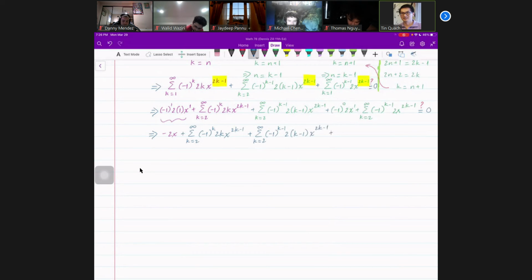Okay, and then this one right here is 2x. That one right there is 2x. And then plus.